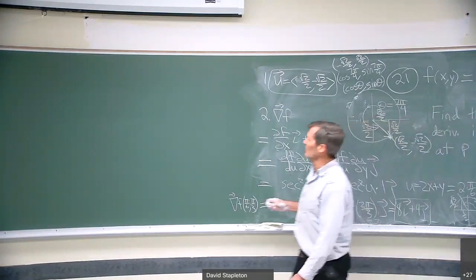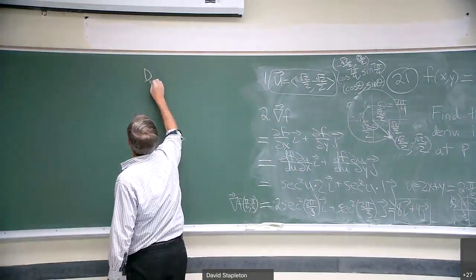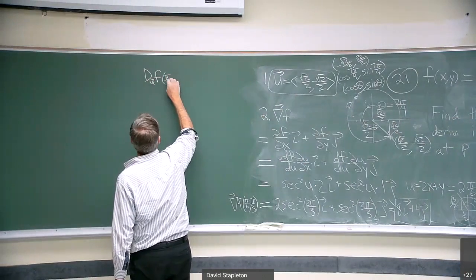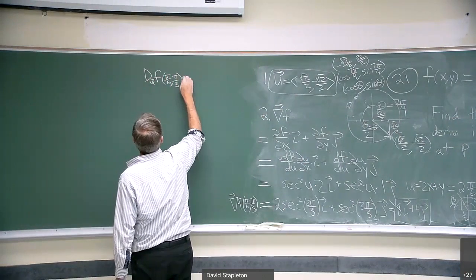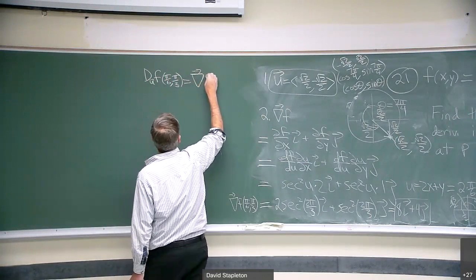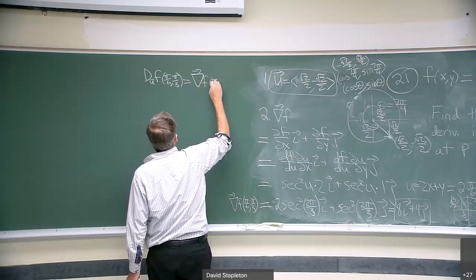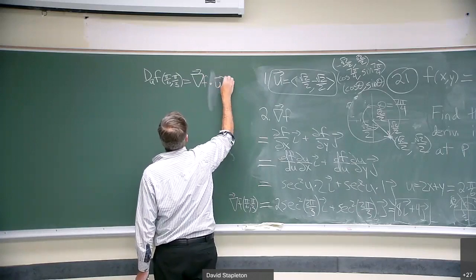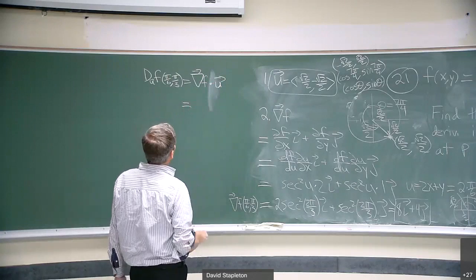And the directional derivative D_u f at the point pi over 6, pi over 3, is the gradient at that point. Let's just write it short. Gradient of f dot u. That's how we have the directional derivative.